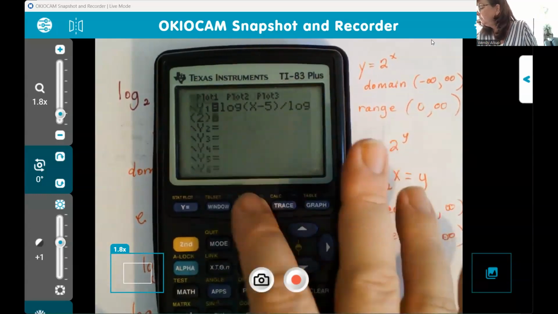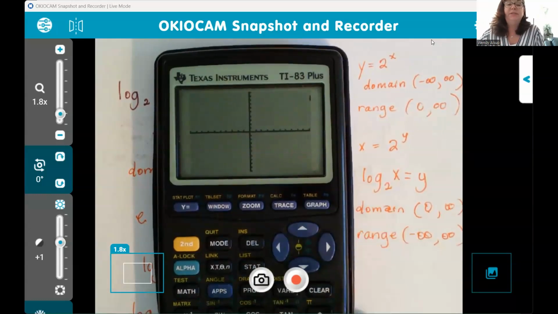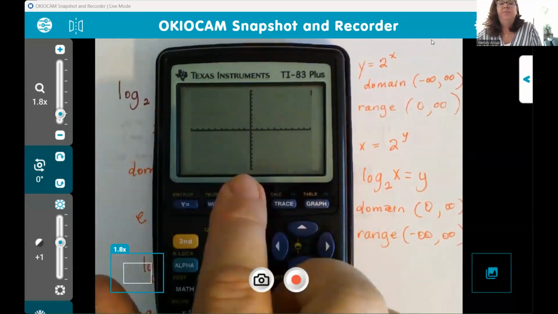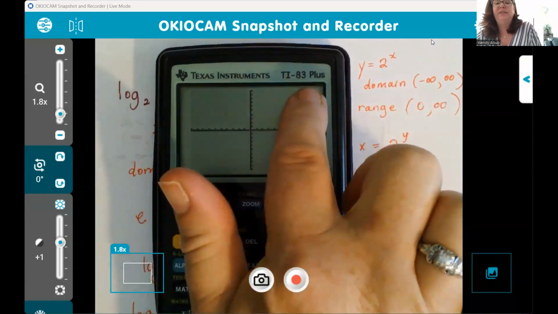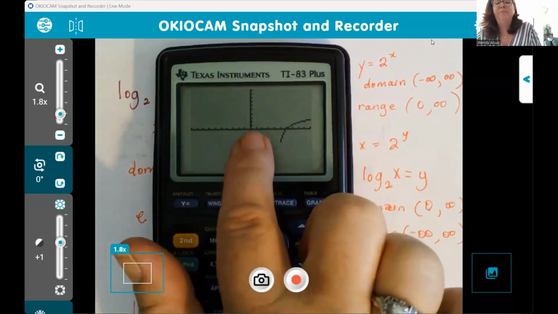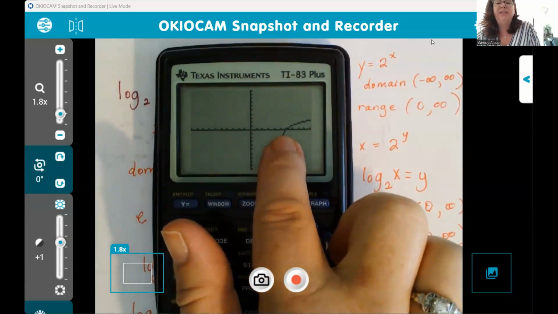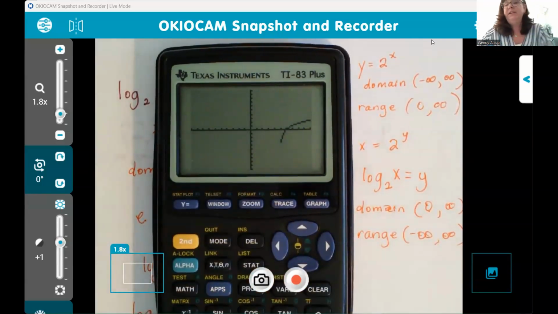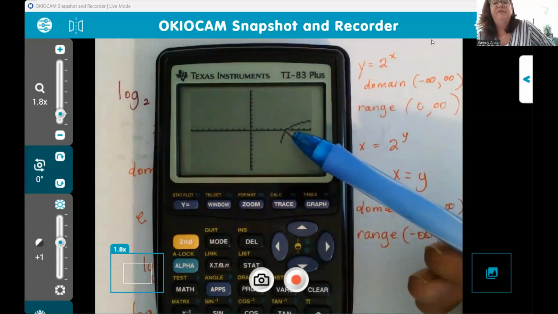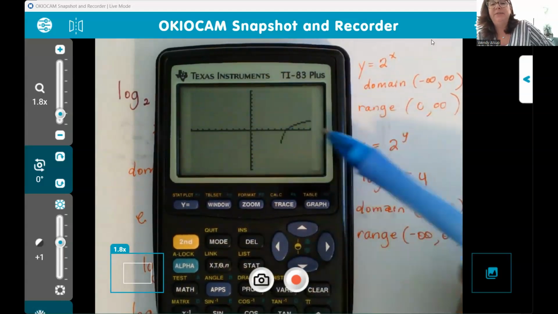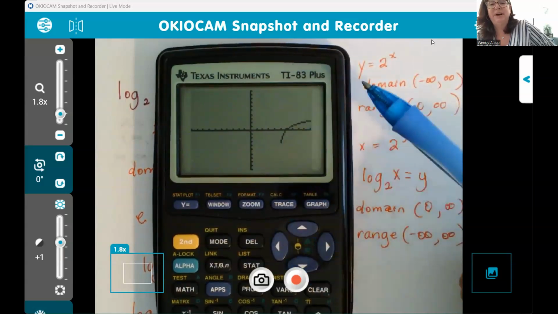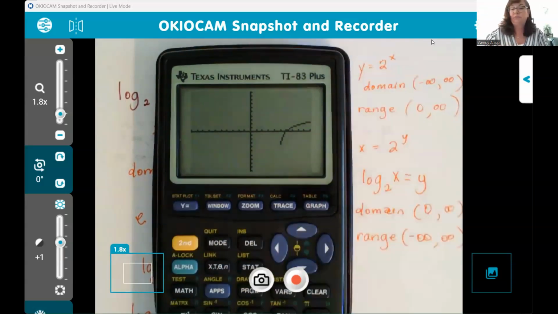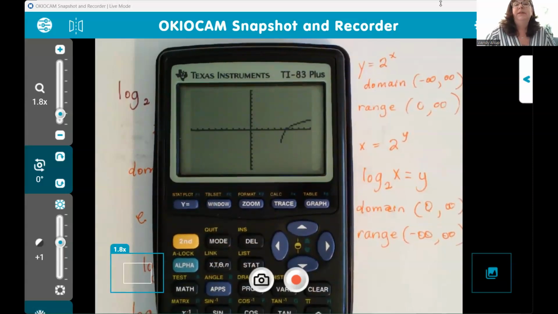Now let's zoom to the standard window. Your original log goes like this, and we picked ours up and moved it 5 units to the right. So our new domain is from 5 to infinity on the x-axis, but our range is the same, from negative infinity to positive infinity.